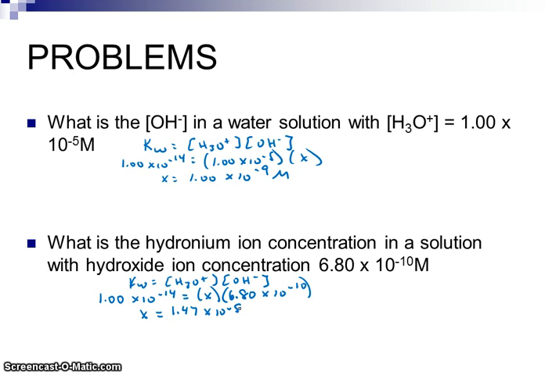Can't quite do that in our heads, but we can get a general idea. 10 to the minus 14 divided by 10 to the minus 10 is really negative 14 minus negative 10, which gives us a negative 4. Since the values in front are not both 1.00, that's going to lower that number down just a little bit.